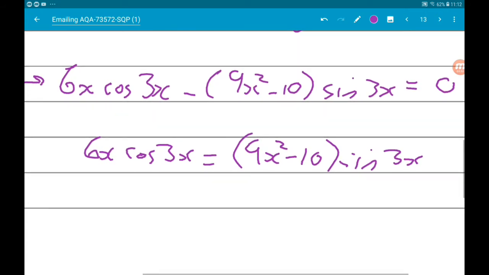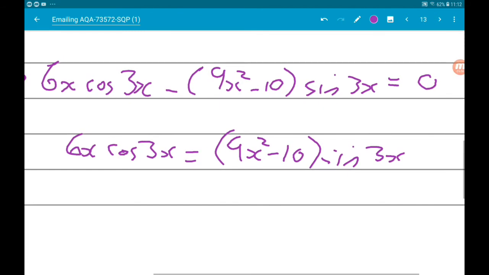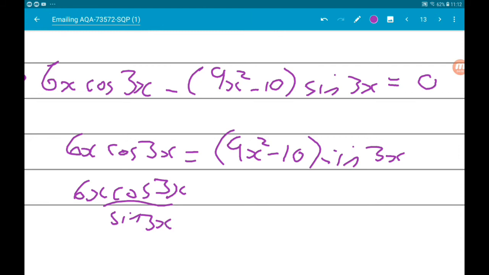Now if we divide by sine of 3x, 6x cos 3x over sine of 3x is equal to 9x squared minus 10.